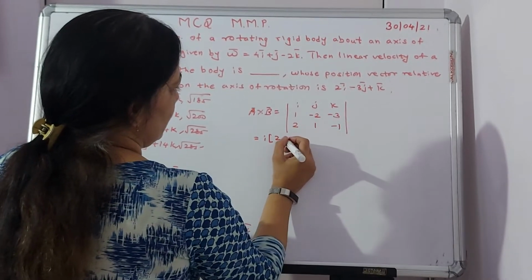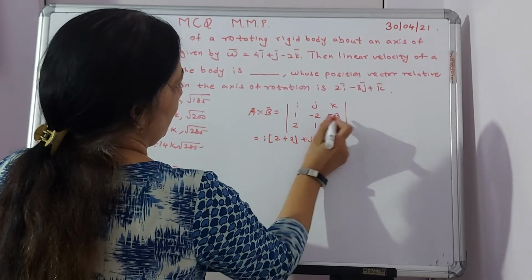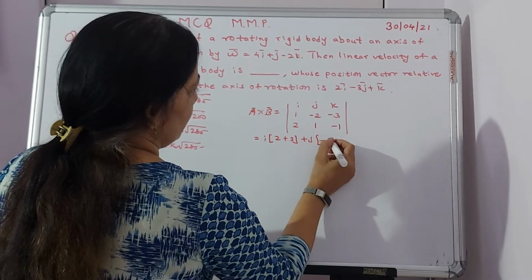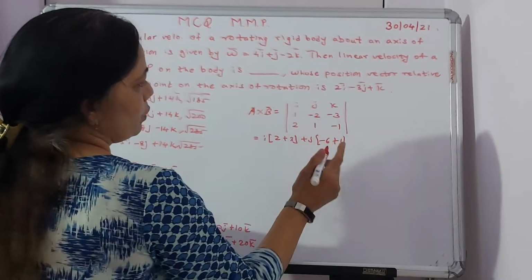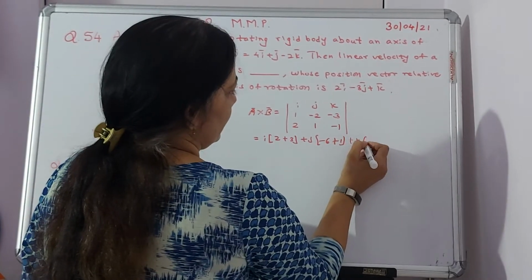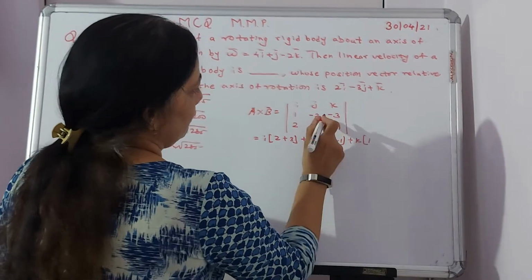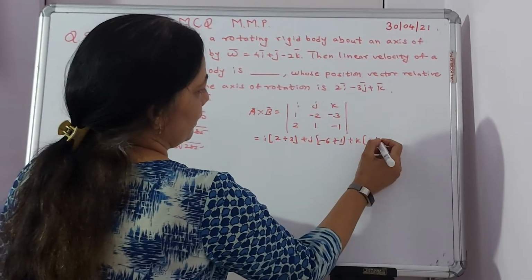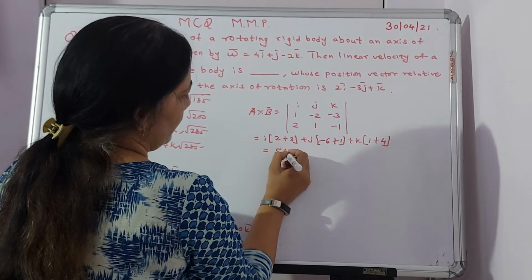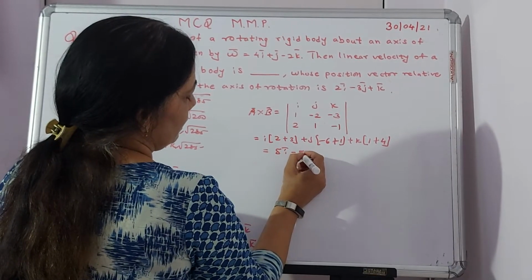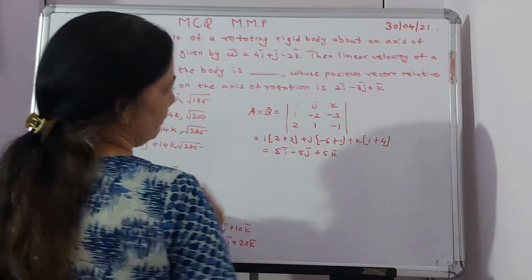This is minus 3, so we'll have to make it plus 3. Plus j, so minus 2 into this will be minus 6 and it will be plus 1. This is minus 1. Plus k, we'll have to write 1 plus 4, right. So this is going to give me 5i minus 5j plus 5k, right.